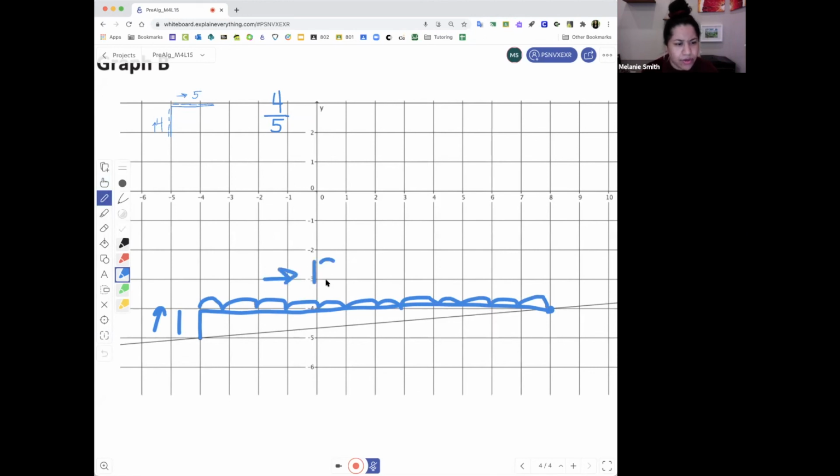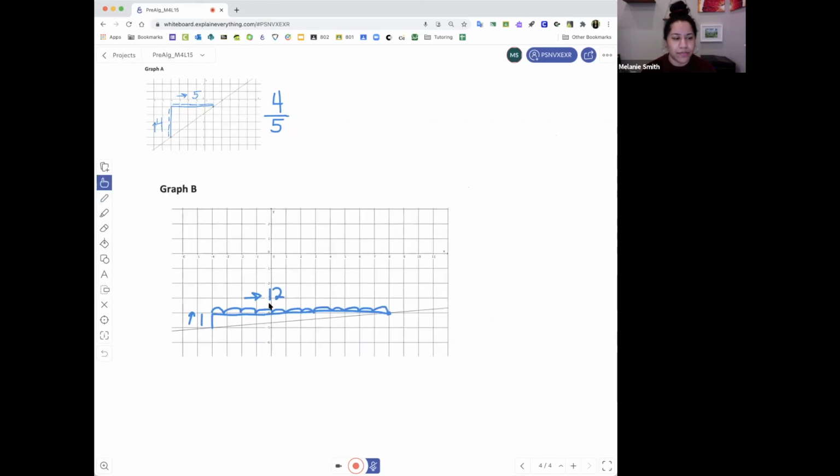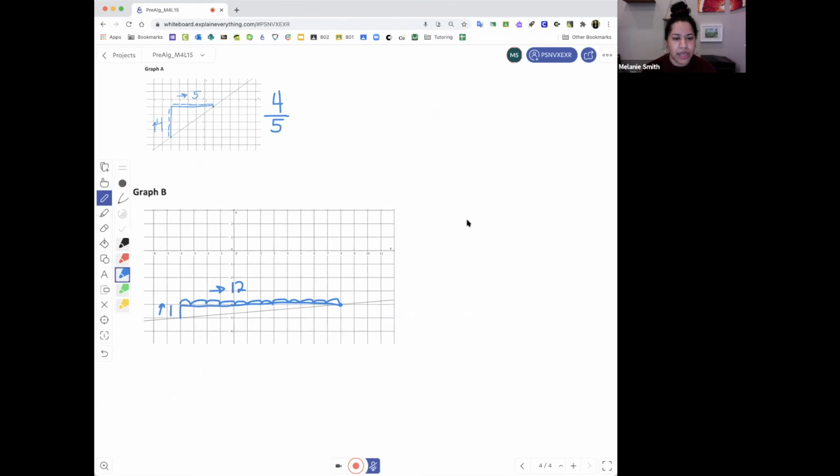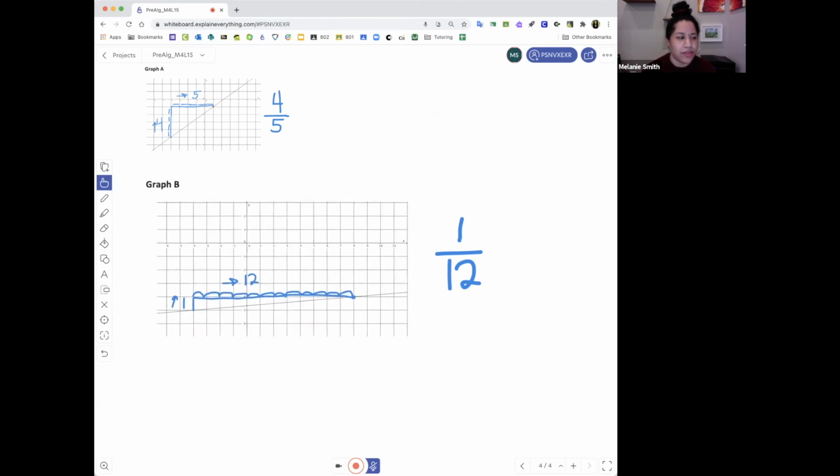Over 12. So when I want to write this as a ratio, it was up 1 over 12. When you're writing it as a ratio, the distance traveled up needs to be our numerator here. So up 1 over 12.